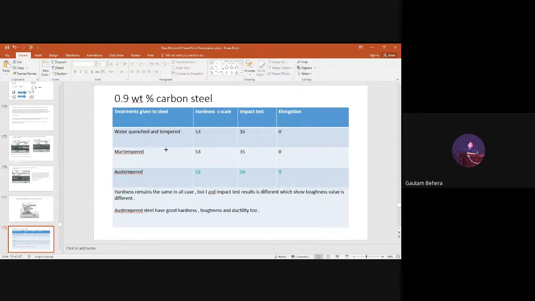Sir, 4.3. Have you ever seen the iron carbon phase diagram? Yes, sir. Up to 4.3 weight percentage you will get, sorry, ferrite. Sir, 6.7. 6.7 you will get ferrite.